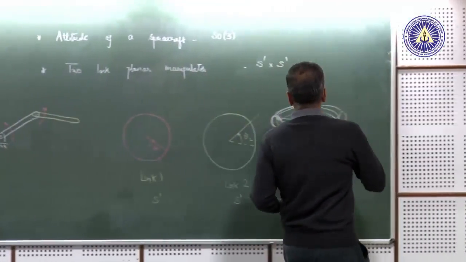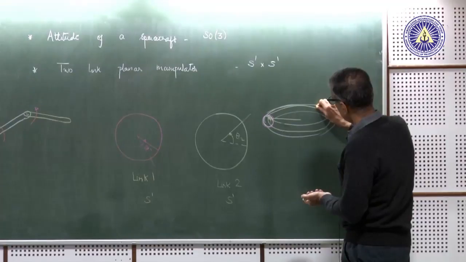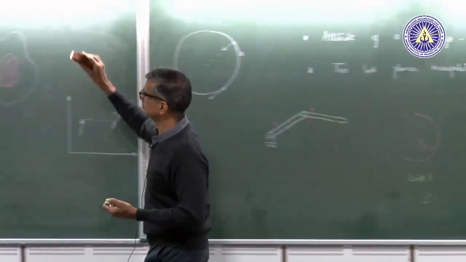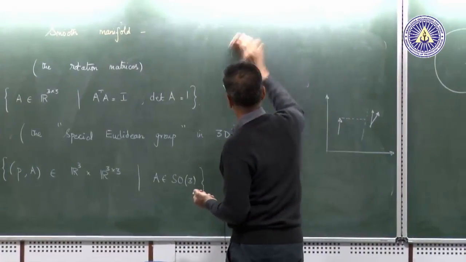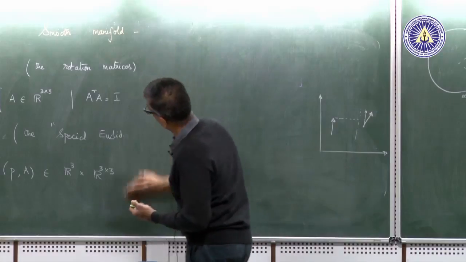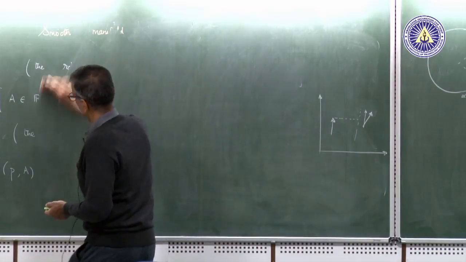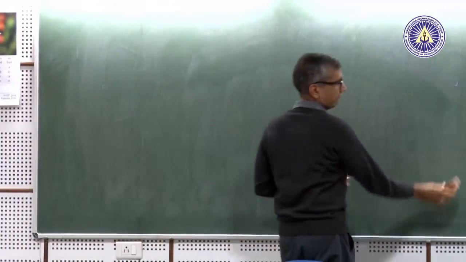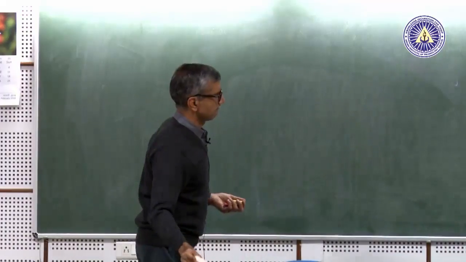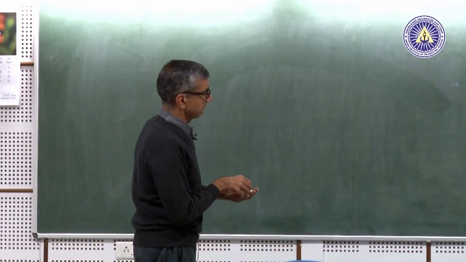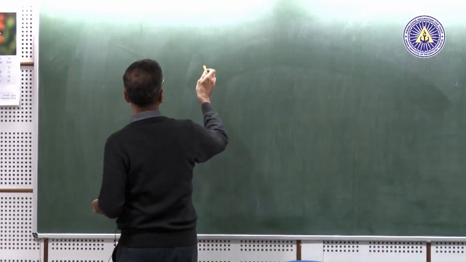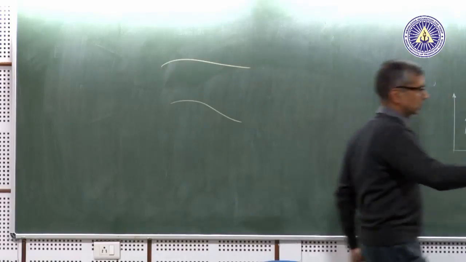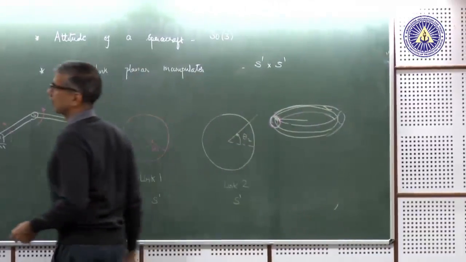Now, if I am at a particular point here and my trajectory, so let us enlarge this picture. Let us say this was some portion of the torus here. Okay.